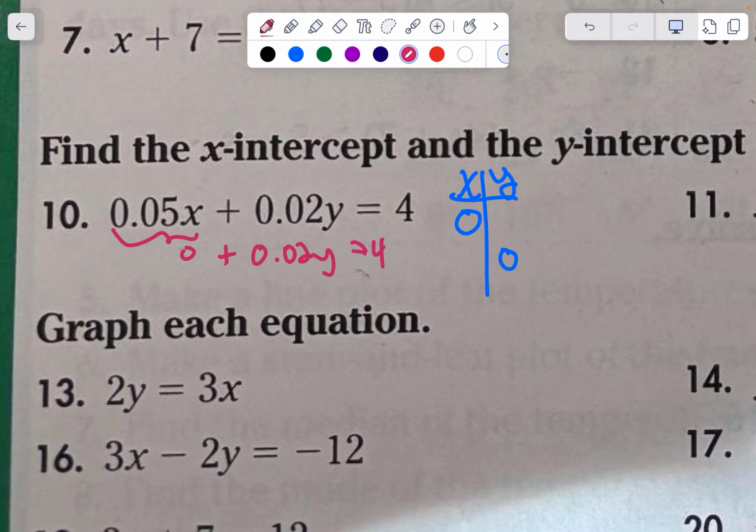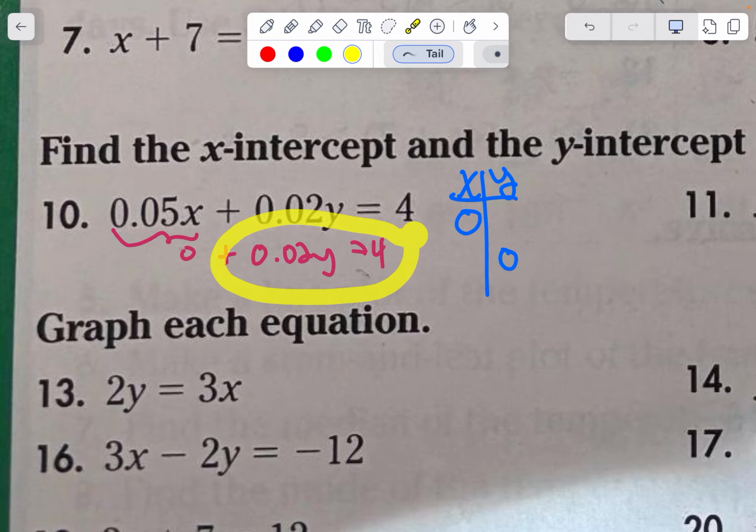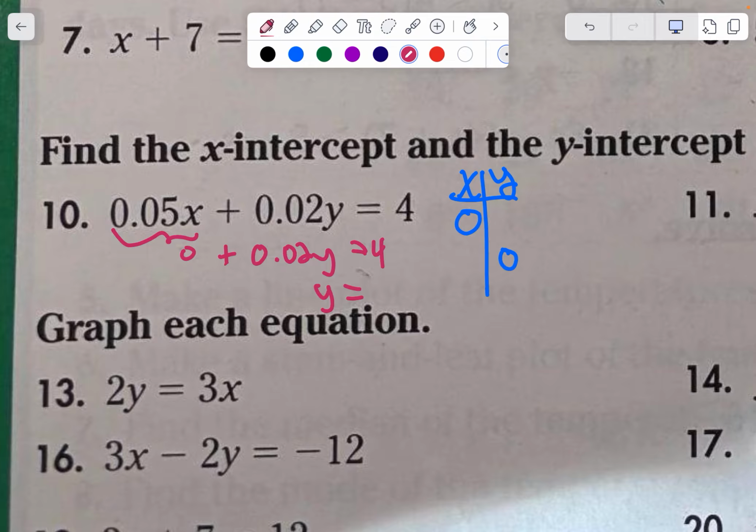How could we solve this for y? 0.02y equals 4. Yeah, just take off that 0.02 by division. And I think it's going to be a pretty big number. 100 maybe? Let's see. Or 200 maybe? 4 divided by 0.02 is 200.